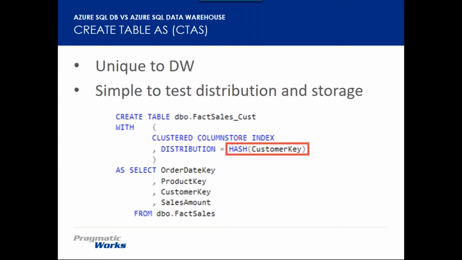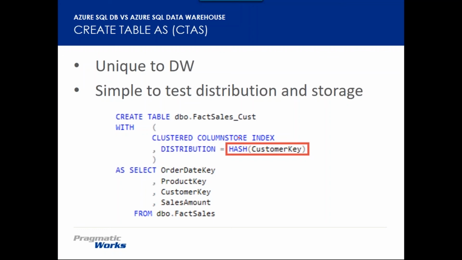A really nice feature of the data warehouse that's not available with the database is what's commonly referred to as CTAS. Everybody calls this CTAS, and it's the command create table as. Where I think this is really handy is when you're building out your data warehouse and you're trying to test which distribution method is best, which storage method is best.